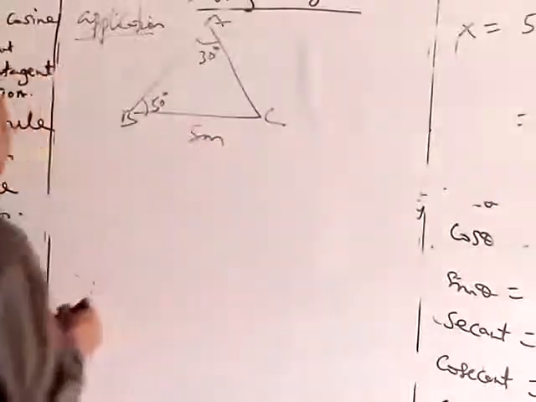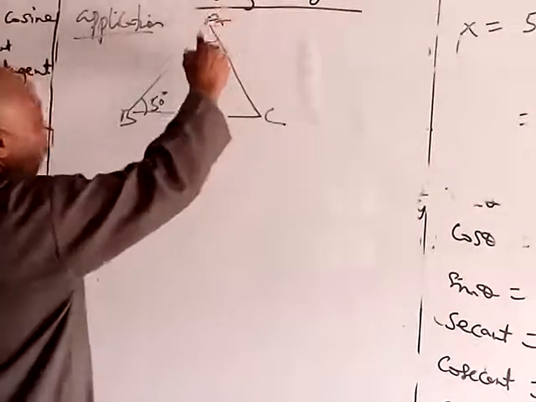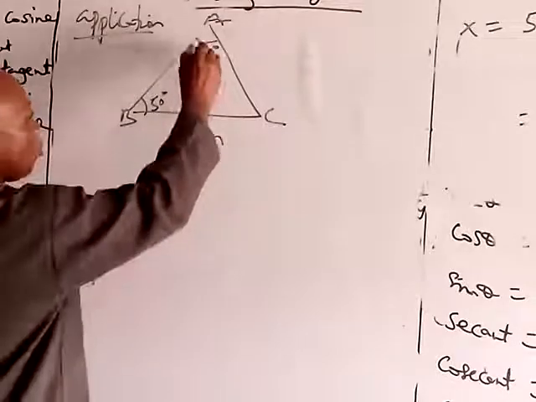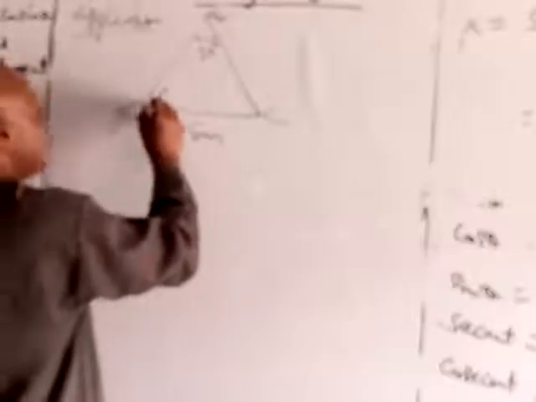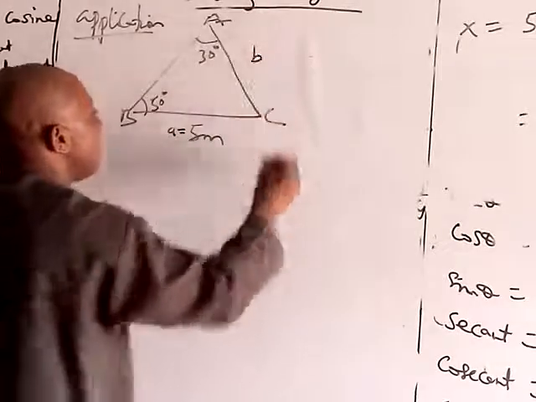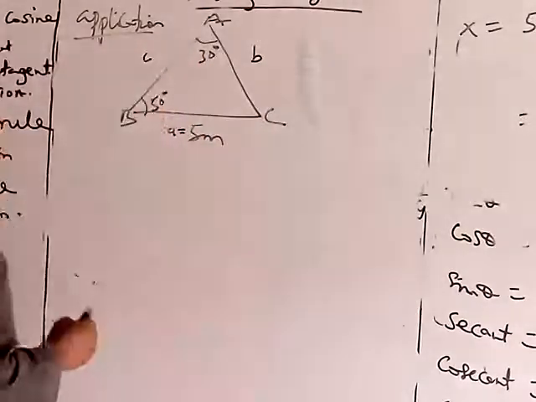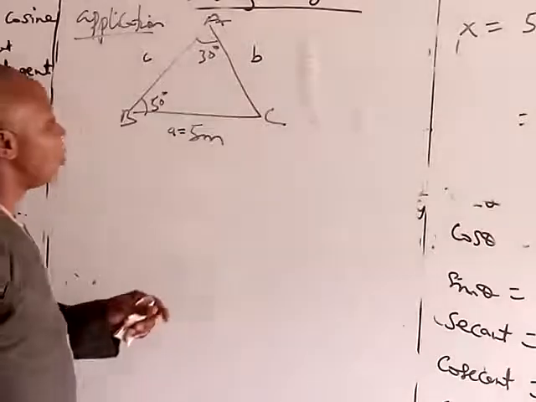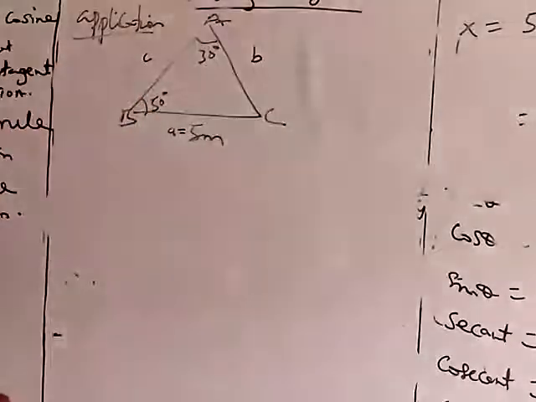Now, in this case, this side facing angle A, which is 30, is small a, and the side facing angle B is small b, and the side facing C is small c. So the letter we are supposed to solve here is small b.